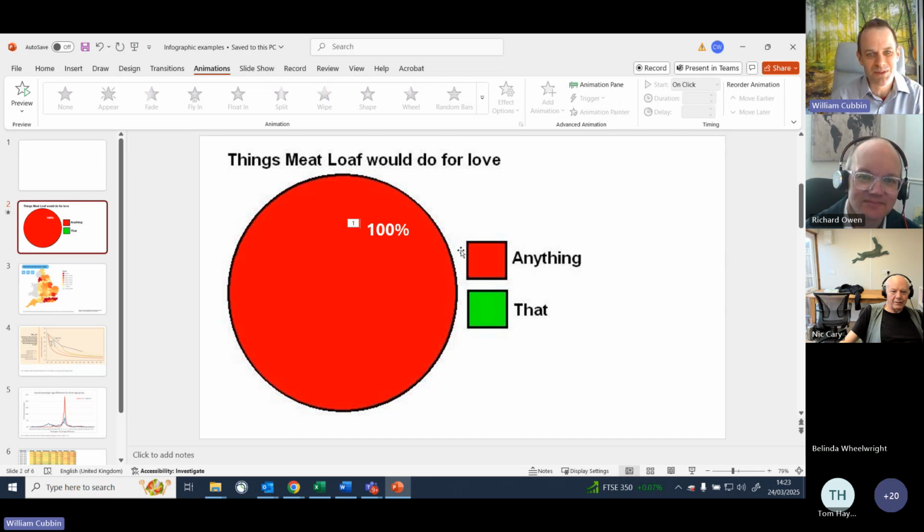It takes you half a second to look at it and you know exactly what it's saying. The only thing I've added to it is the percentage figure, because that was a bit of labeling that was missed out there. So yeah, just to illustrate the importance of clarity in data visualization.